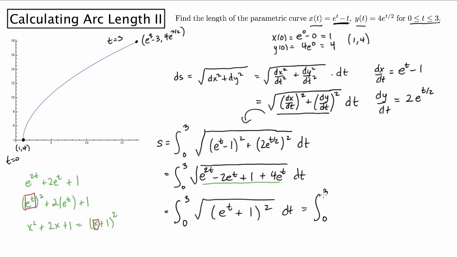I can drop the square and the square root as well. And then if I continue out the integration, this is e^t plus t, evaluated from 0 to 3, which gives us a final answer of e^3 plus 3 minus 1, or e^3 plus 2.